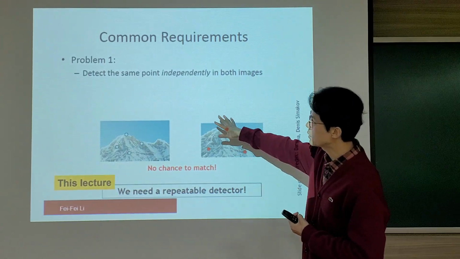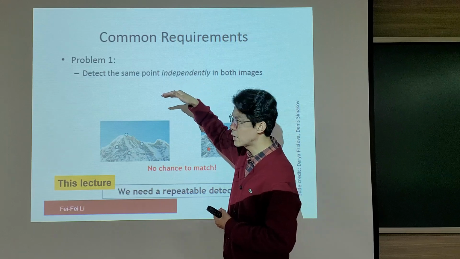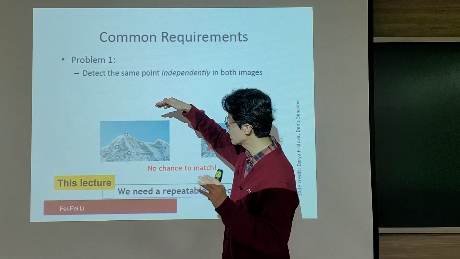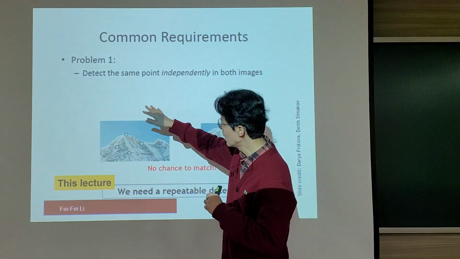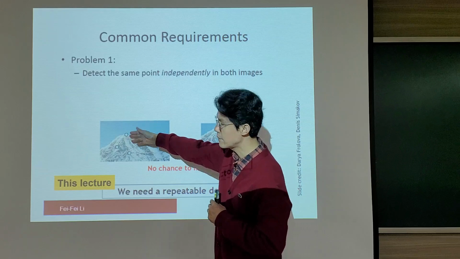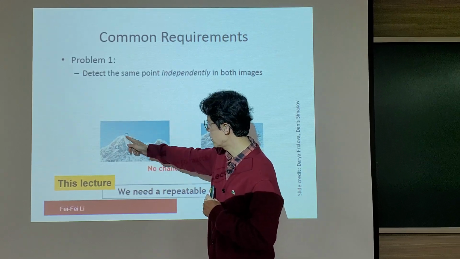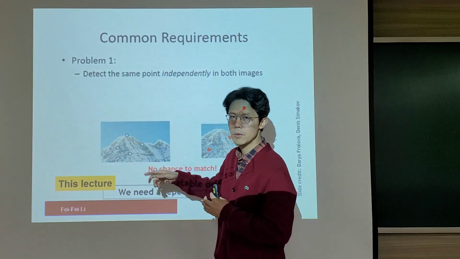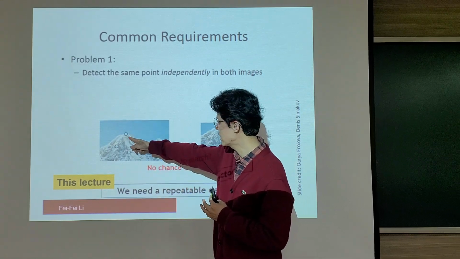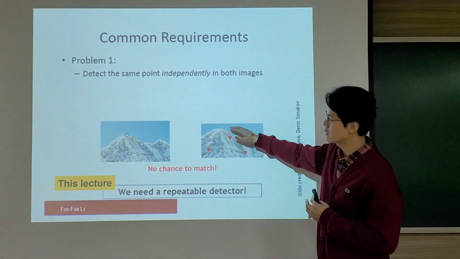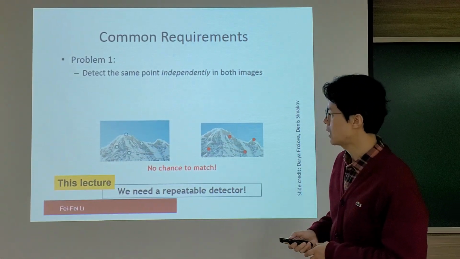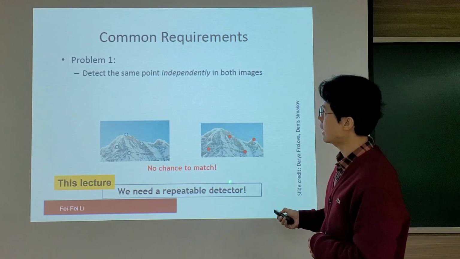Even though we are looking at only a single image, we need to be able to detect the same feature again. For example, if we extract the peak here, we also need to extract the peak here. So we definitely need some sort of repeatable detector.